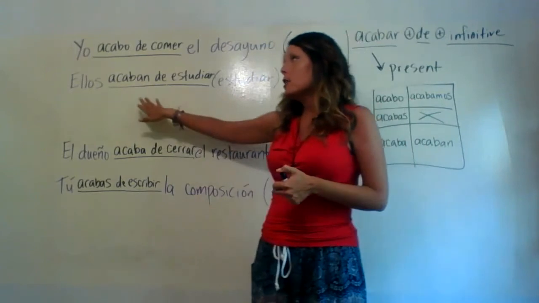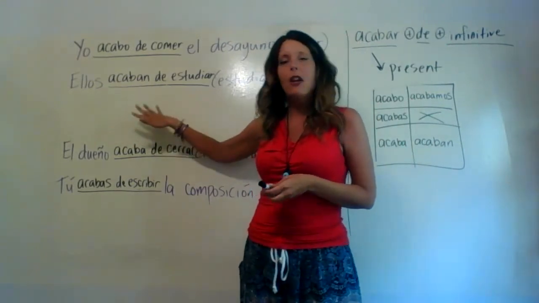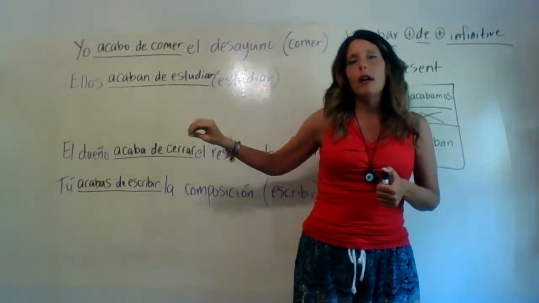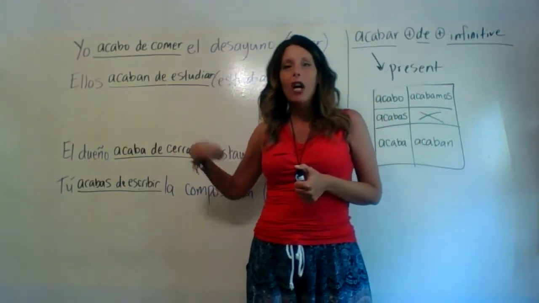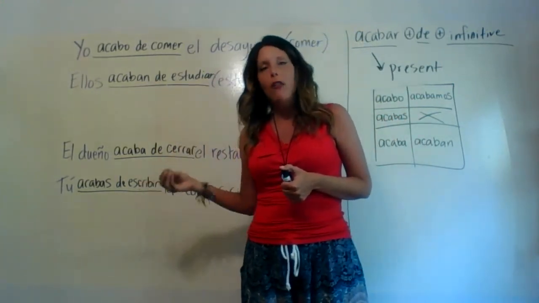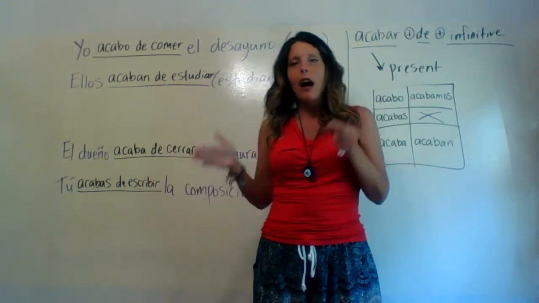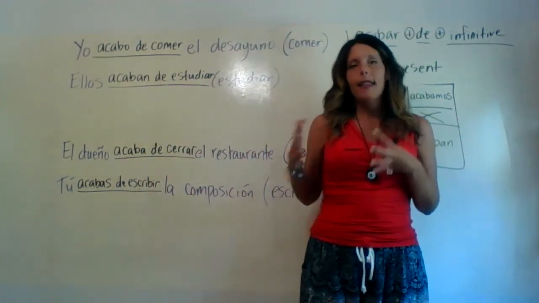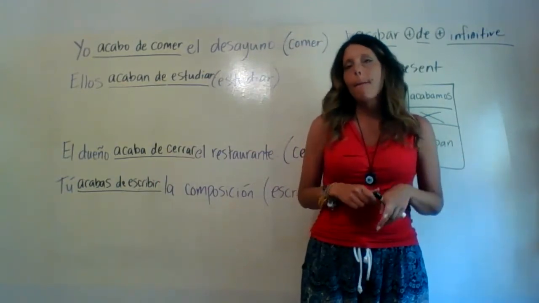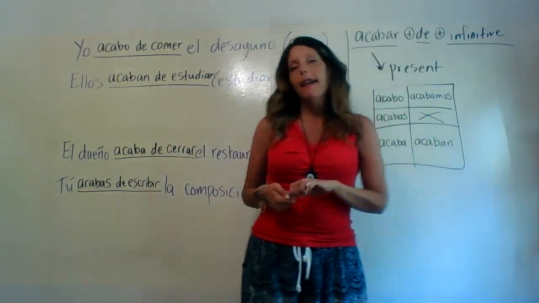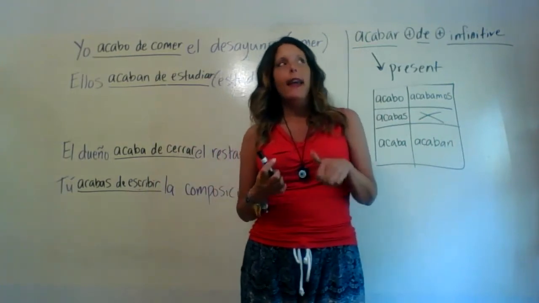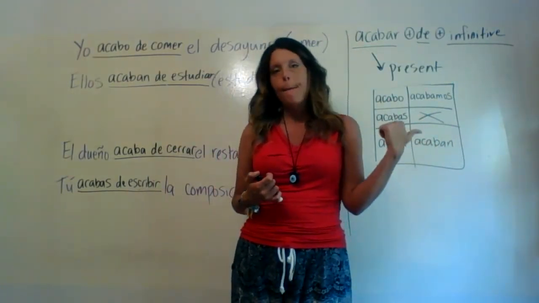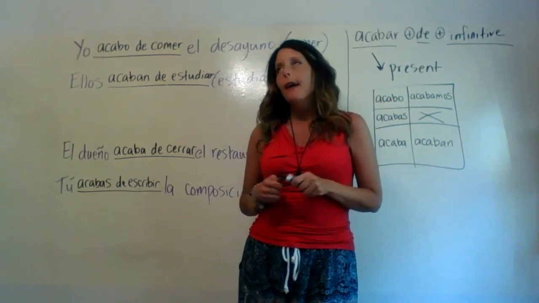So in this sentence, when it was the present perfect in our last set of examples, it was they have studied, and it was ellos han estudiado. Ellos han estudiado. They have studied. So again, if I say, hey, they've studied, have y'all studied?